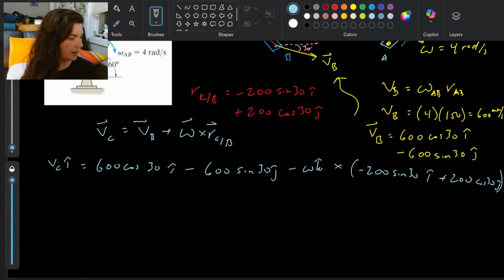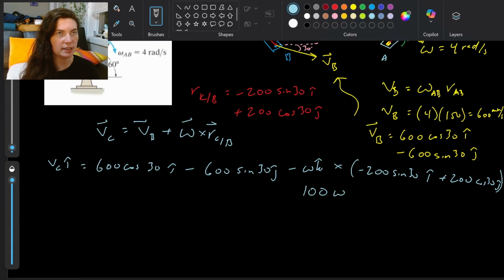Since I know that my k cross i is just j, I'm going to get omega times 200 sine 30, and I should probably simplify that. That's going to be 100. So a negative times a negative is a positive, 100 omega.